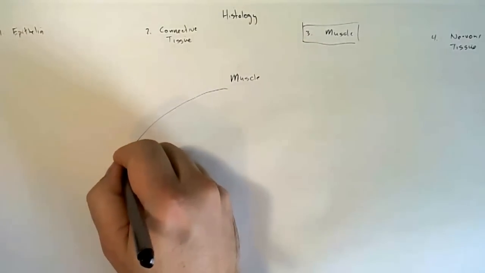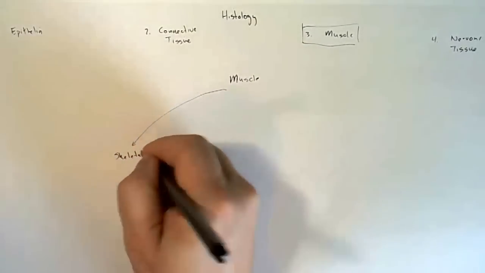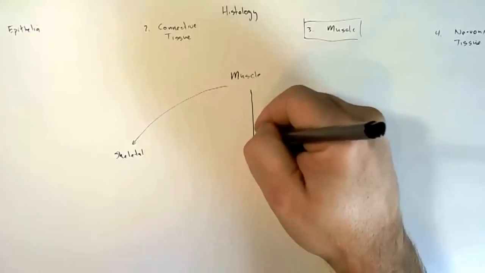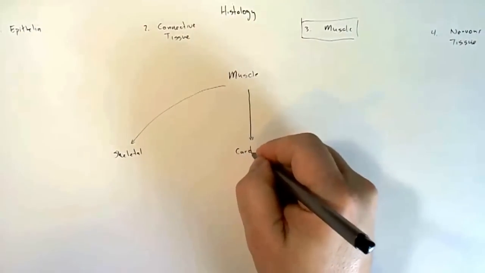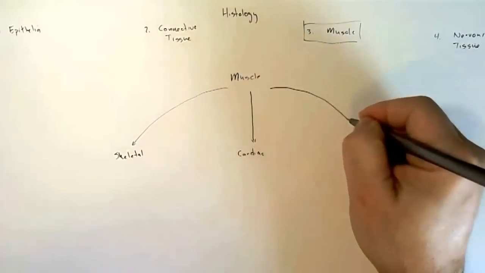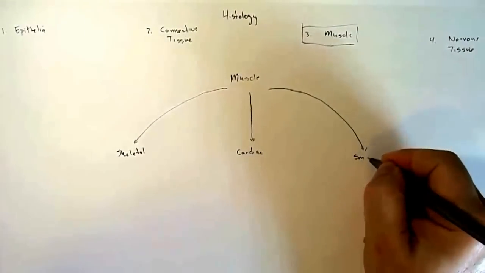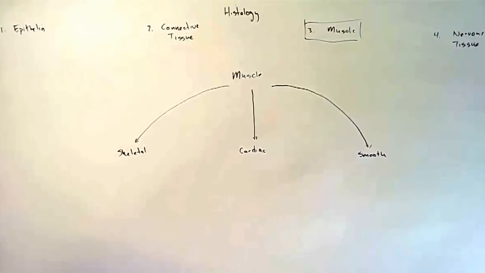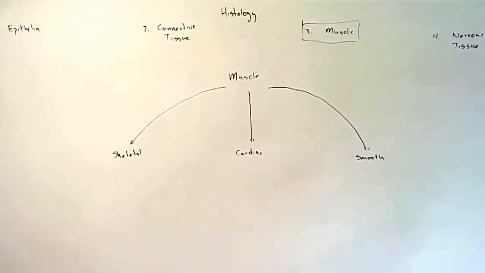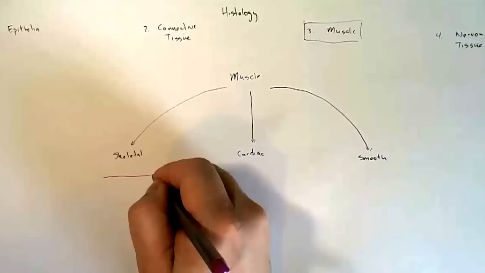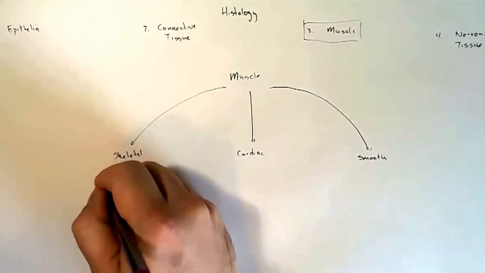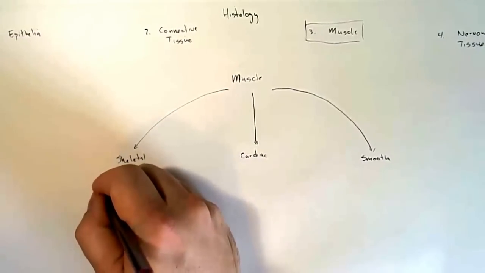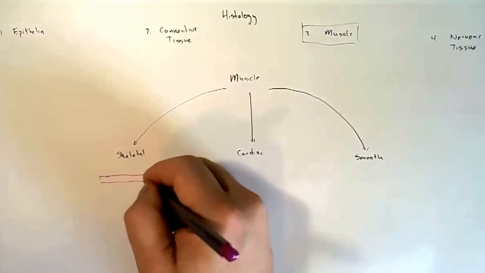You have skeletal, cardiac, and smooth. When you look at skeletal muscle, it generally looks very long. And usually, if you're looking at a slide, you're not even seeing joints between cells.